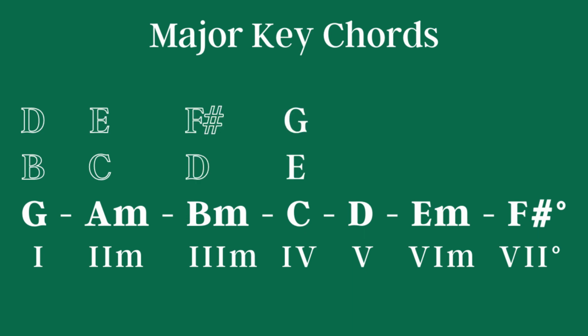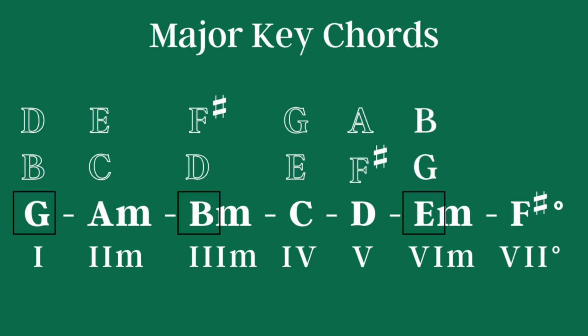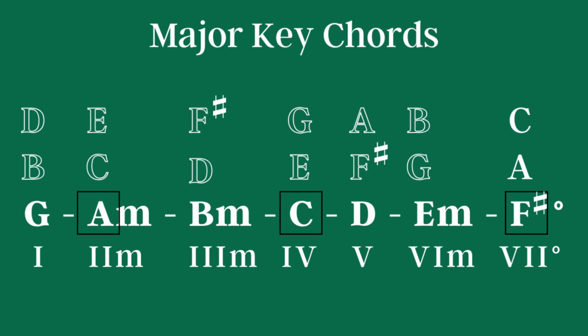C major is C, E, and G. D major is D, F sharp, A. E minor is E, G, B. And F sharp diminished is F sharp, A, and C. Hopefully this is all making sense so far.